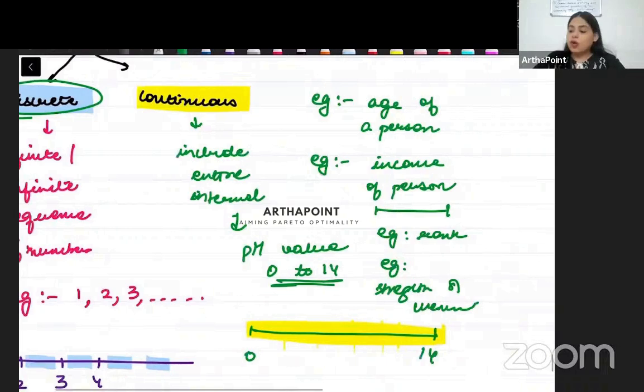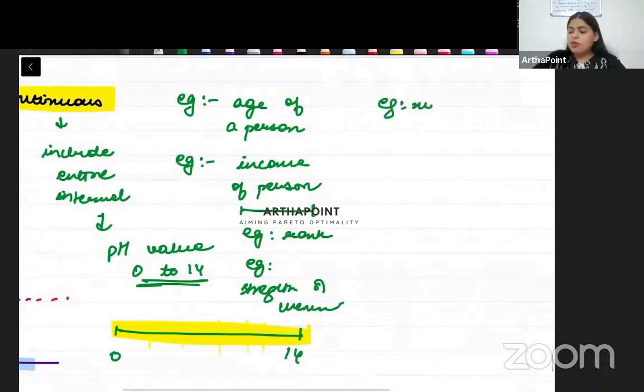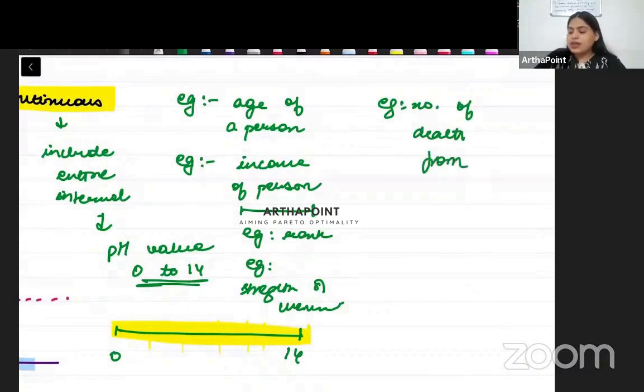But suppose I ask you, what are the number of deaths from COVID? Then it has to be a whole number. Either 2 people have died or 3. I cannot have 2.4 people dying, right? So it is discrete. When I say discrete, you should not be including any decimals. When I say continuous, you can include everything in the interval.